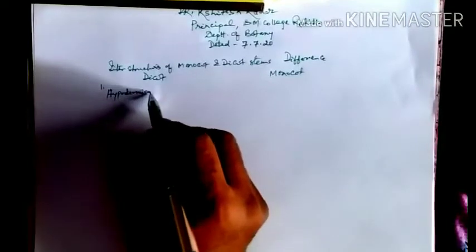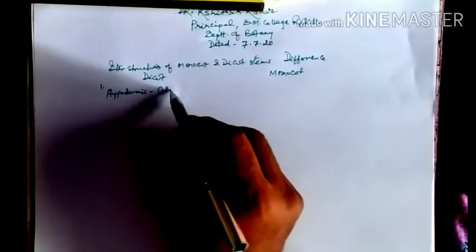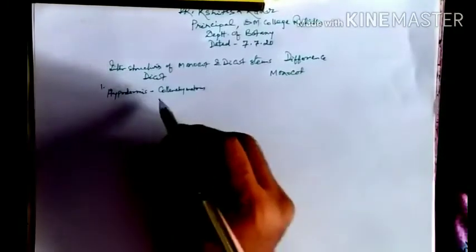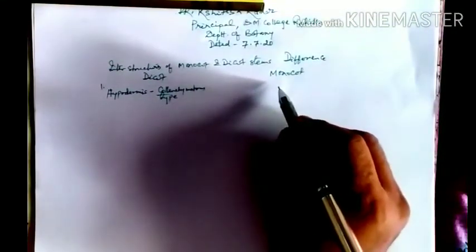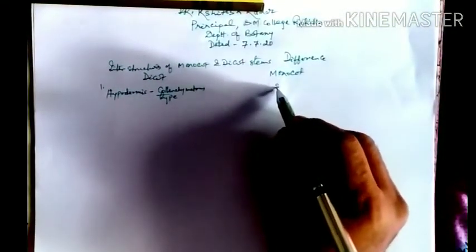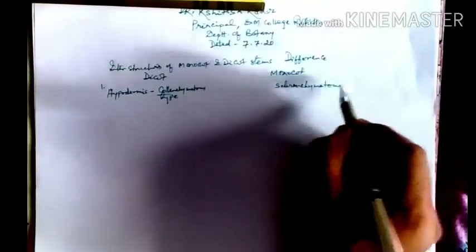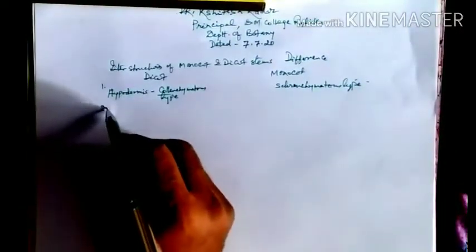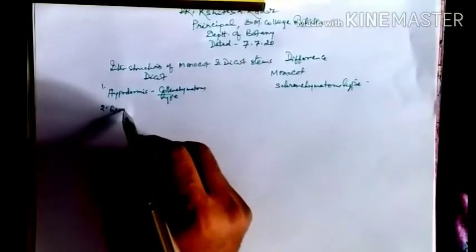Here in dicot, it is of collenchymatous type, whereas in the monocot, it is sclerenchymatous type.